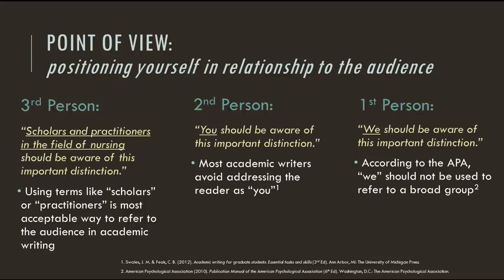Addressing the audience by saying, "You should be aware of this important distinction," would sound too direct, and using the first person, "We should be aware of this important distinction," might create confusion about who we represents. According to APA style guidelines, the authors of a paper should only use the first person we to refer to themselves, not to a broader group or to the general population.